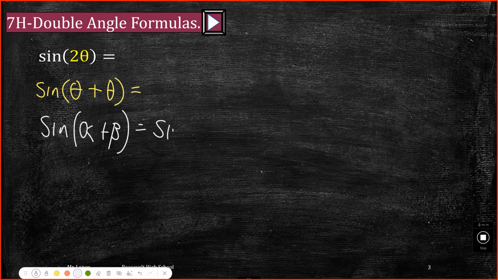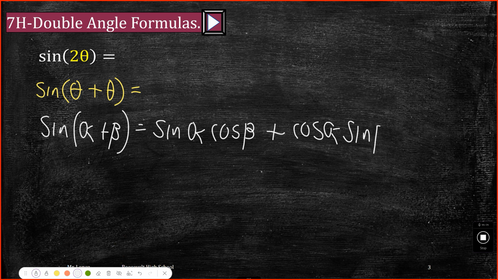It was something like sine alpha cosine beta plus cosine alpha sine beta. Okay, that is what we proved. We already know that should be true, and we don't want to do this proof again. So you can just treat this theta as alpha and this theta as beta, and it's the same thing. Okay, so then we're going to do this.